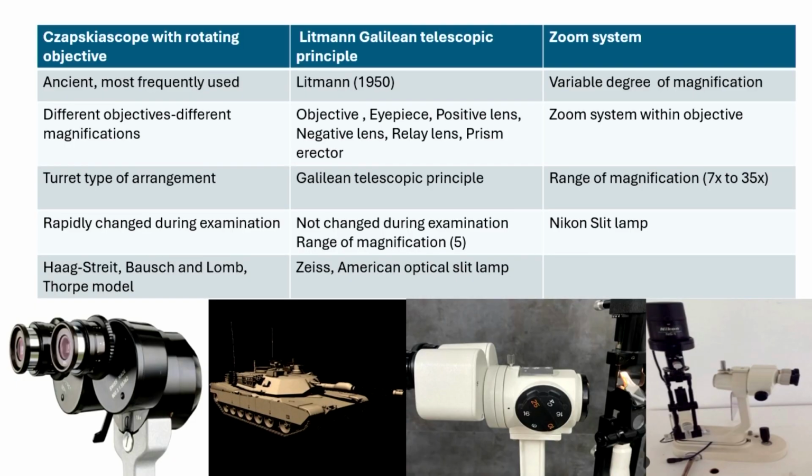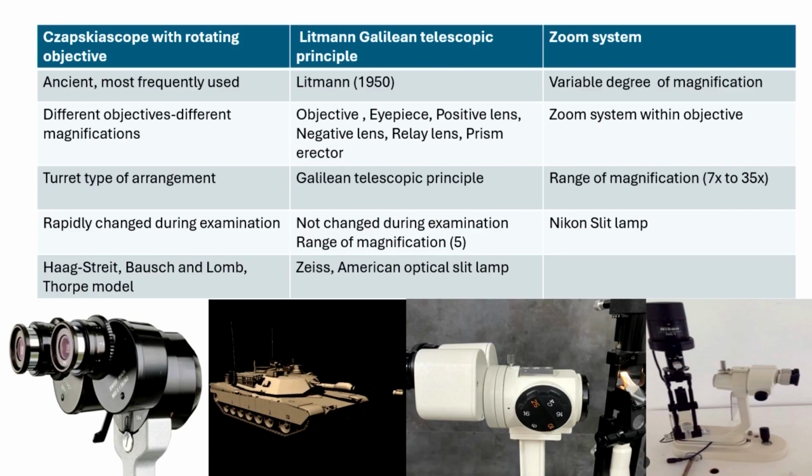Coming to the rotating objective, it is an ancient and most frequently used magnification principle, and it consists of different objectives, hence gives different magnification. It has a turret type of arrangement. You can see a turret here; this is the turret part, and it moves like this.